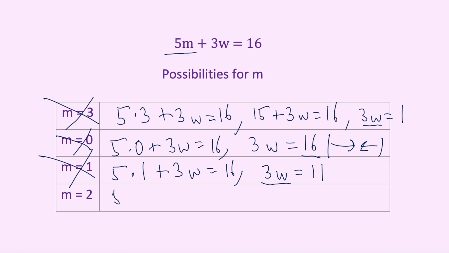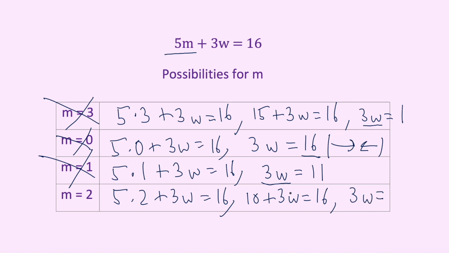If we plug in 2 for m, we get 5 times 2 plus 3w is equal to 16. So 10 plus 3w is equal to 16, which gives us that 3w is equal to 16 minus 10, which is 6. And that gives us an answer of w equal to 2.